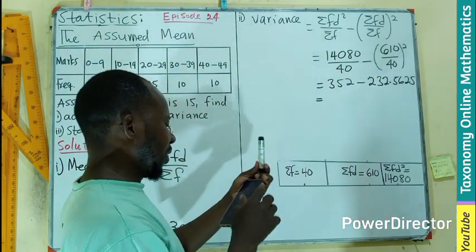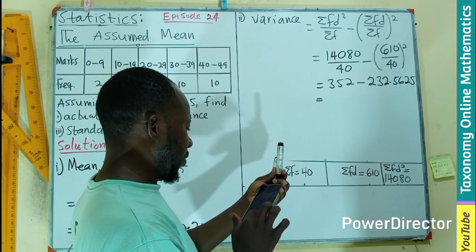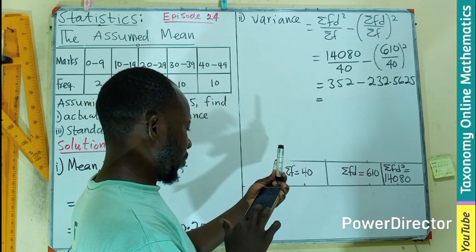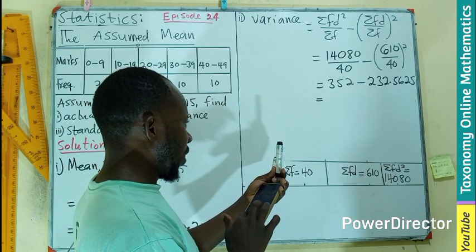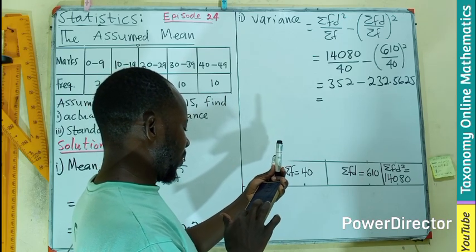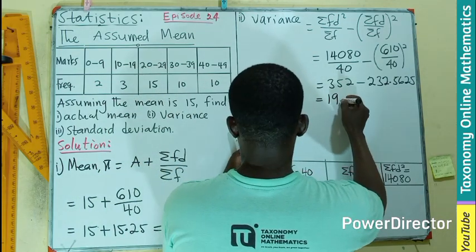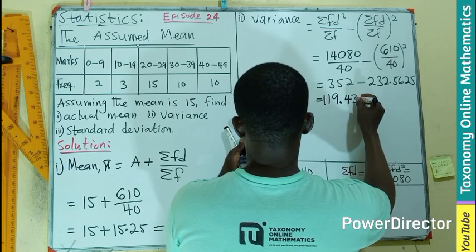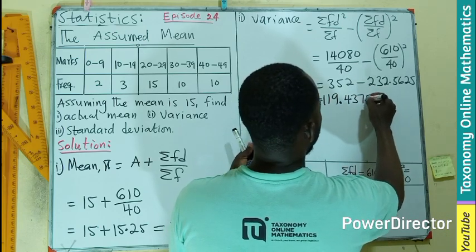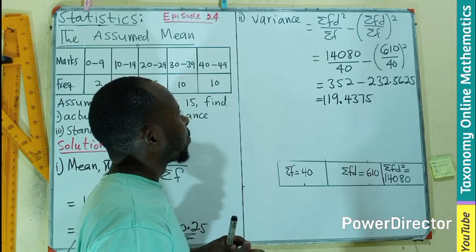Let's perform that subtraction. 352 minus 232.5625. That will give you 119.4375. We were not given any specific decimal point.